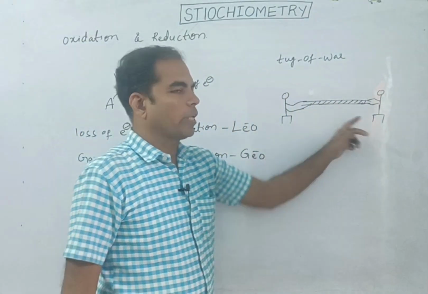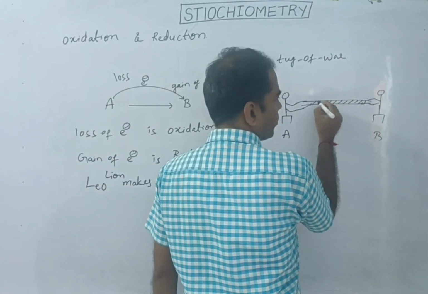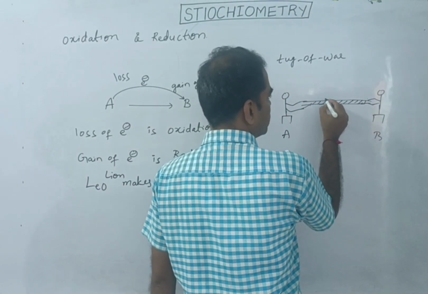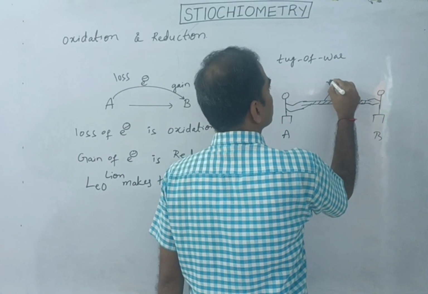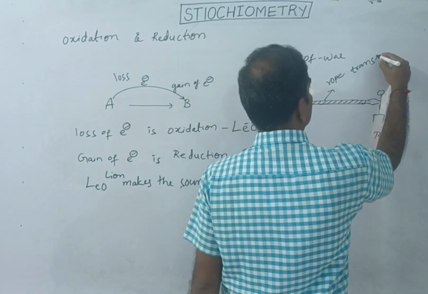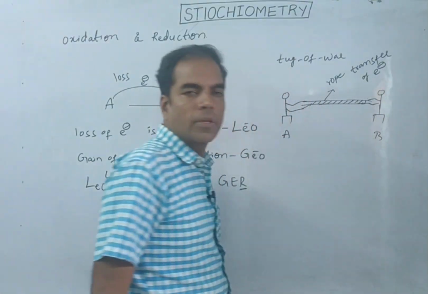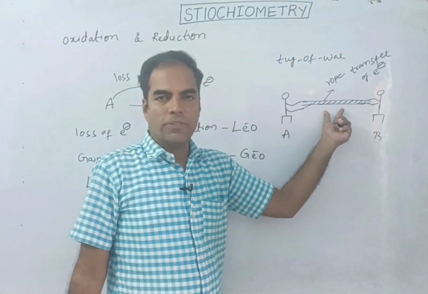Let us consider the two teams, team A and team B. Here the rope is considered as the transfer of electron.